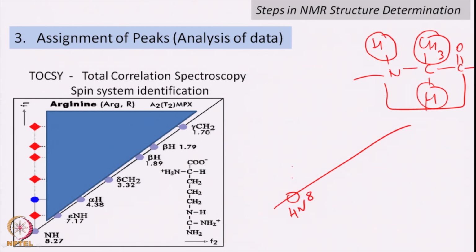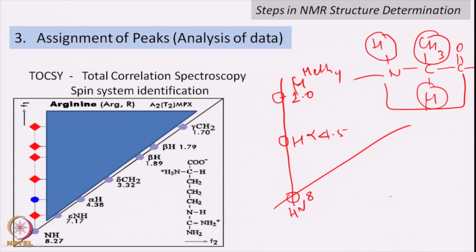Then we have the CH alpha proton, which is around say 4.5 ppm, and then around 1.8 or 2 ppm for the methyl proton or H beta proton. Now, if I see this kind of a spin system in my TOCSY spectrum, I know that this is coming from alanine. So, I identify alanine, but still I do not know which alanine it is.